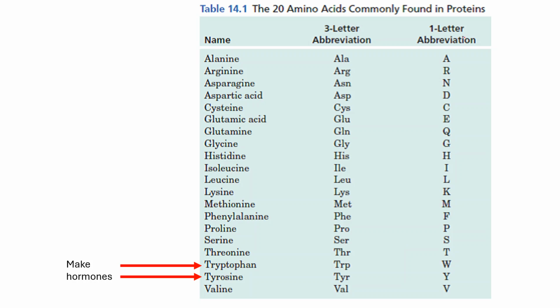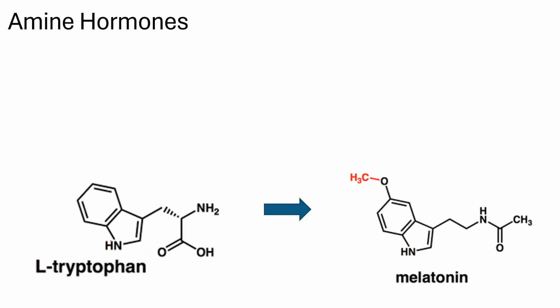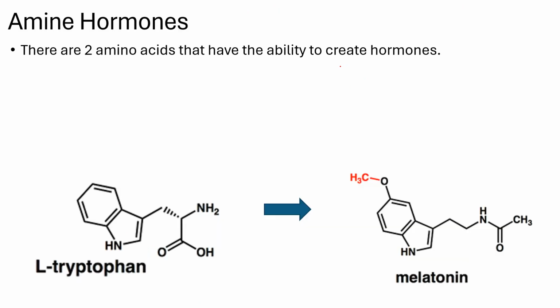You can do 3-letter abbreviations or 1-letter abbreviations for your amino acids. But of the 20, these two right here are the ones we're interested in this unit: tryptophan and tyrosine. These are your two amino acids that can directly create hormones.